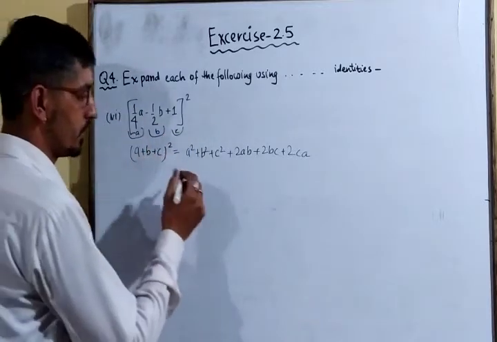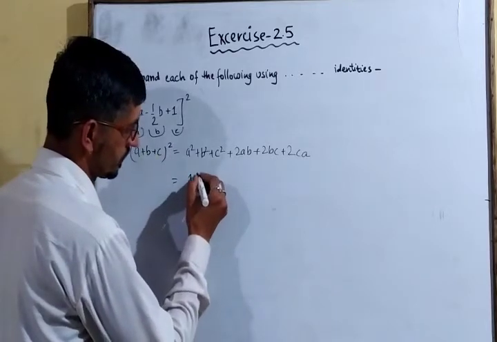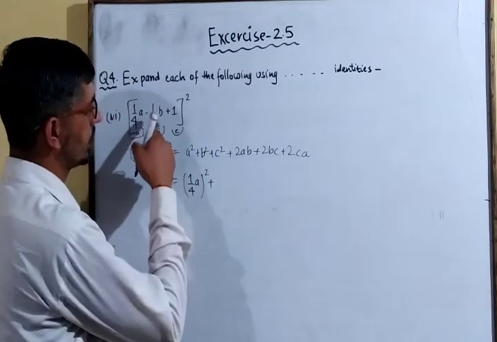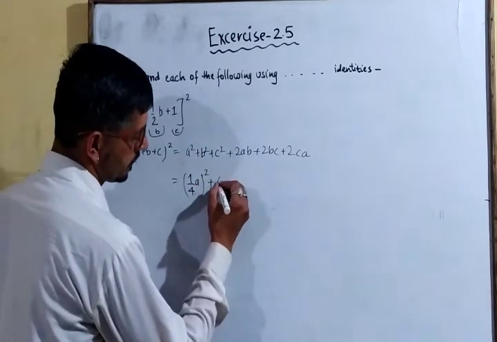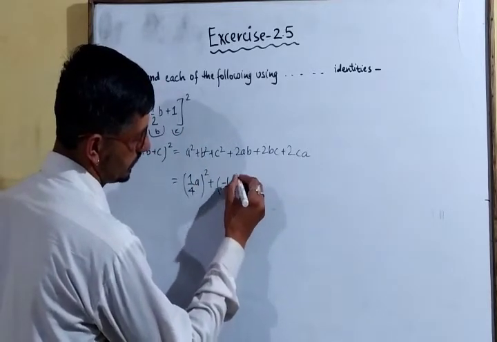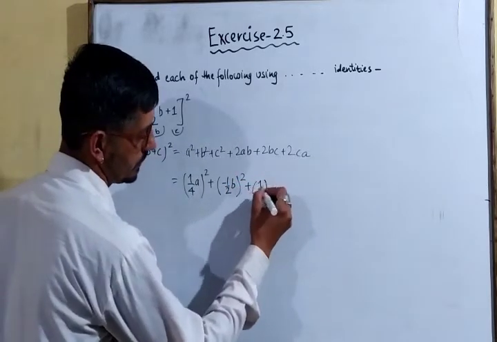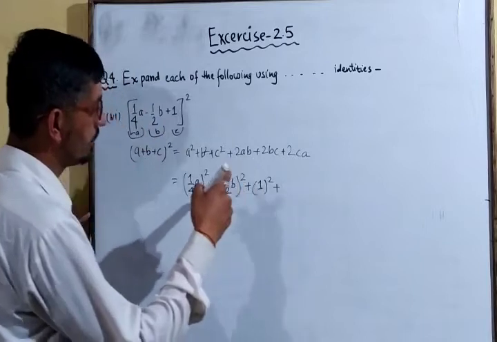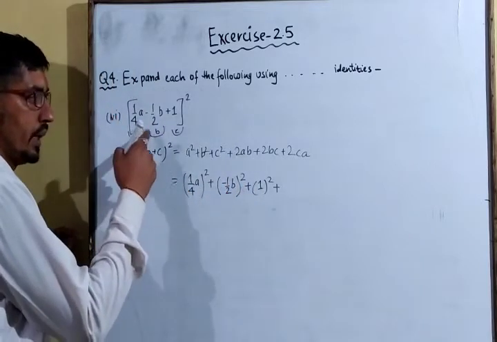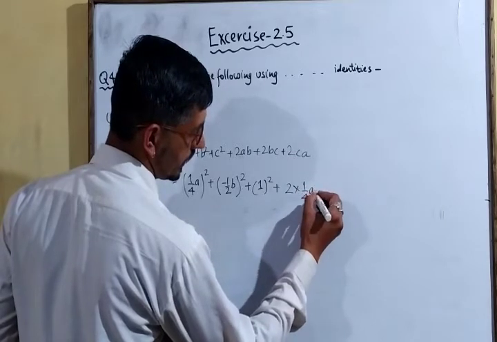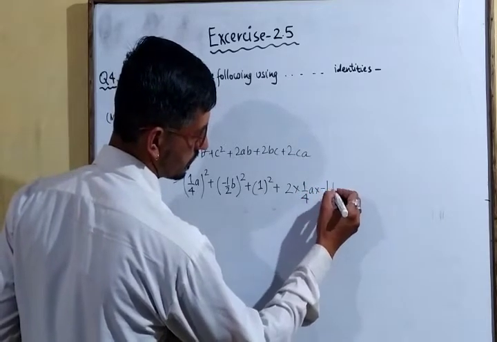A, that means (1/4a) to the power 2, plus b square, that means (-1/2b) to the power 2, plus c square, that means the square of 1. Plus 2 into ab: 2 into 1/4a into negative half b.